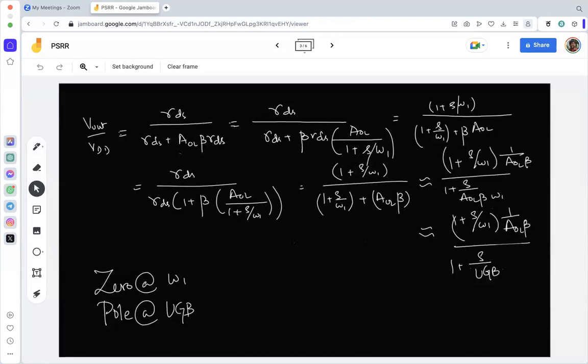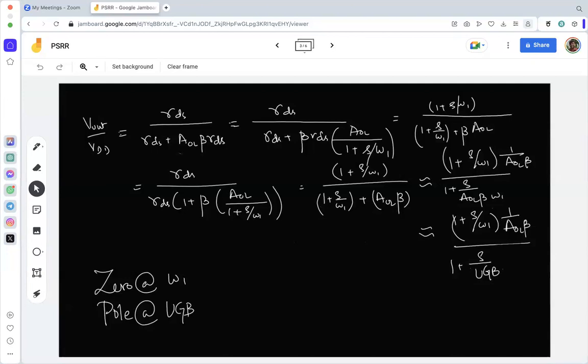Omega 1 is a pole in the DC gain curve, and now it is a 0 in the PSR curve. Now, what I am trying to do here is simplify it. I just simplified it. It is not something huge. I have not made a big assumption anywhere.